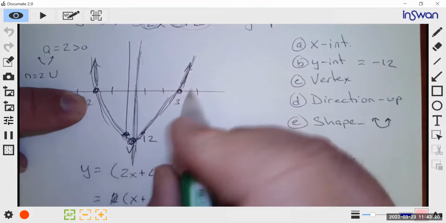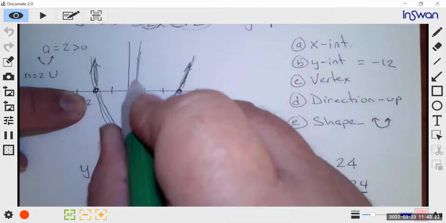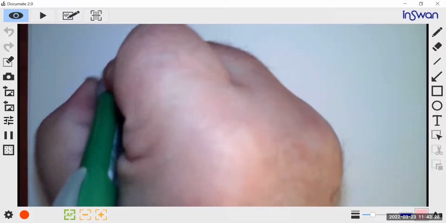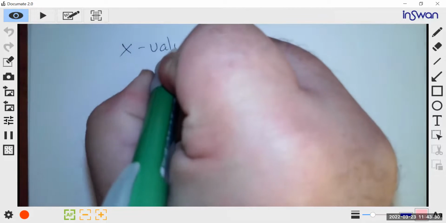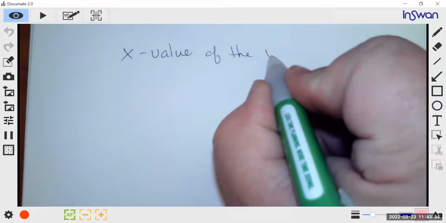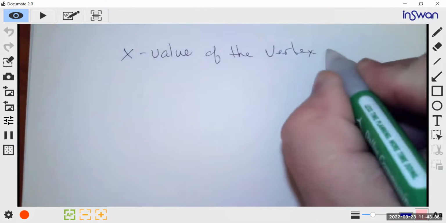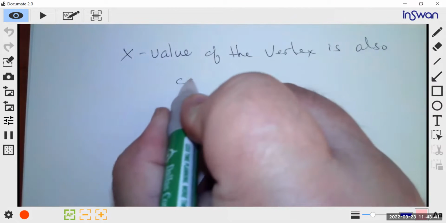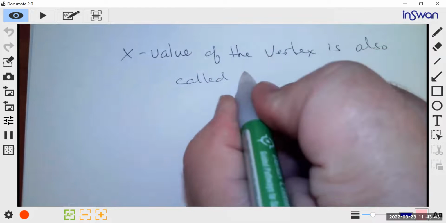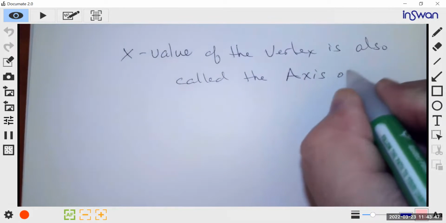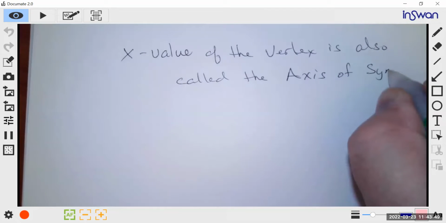So the x value of the vertex is also called the axis of symmetry.